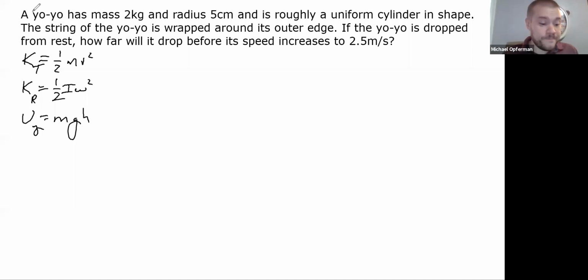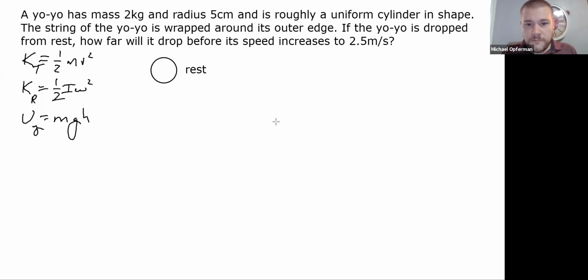Okay, next up, draw the initial and final states. So the initial state, the yo-yo is going to be up here, and it's going to be at rest because it's released from rest according to the question. Okay. So the yo-yo is there and it's at rest.